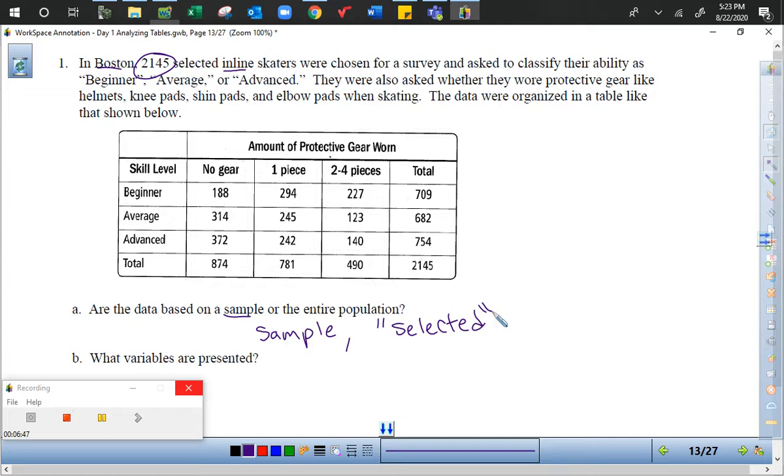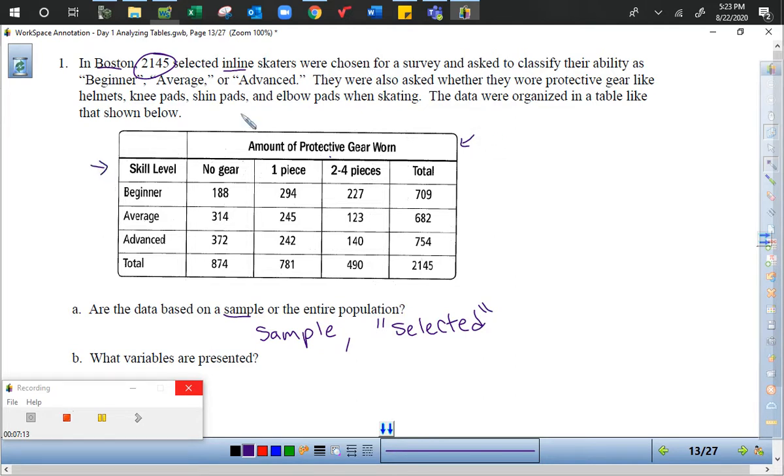Okay? What variables are presented? So if you go back to your definitions, a variable, remember, is something that you can count or classify. Often, folks, these show up in your headings on your table. So let's talk about the pieces of the table. Your headings are going to be at the top and over to the side.